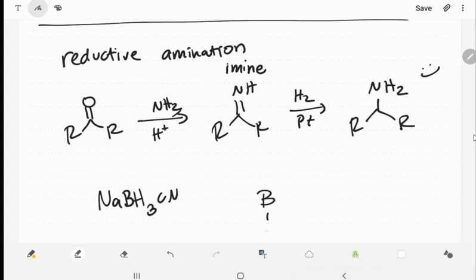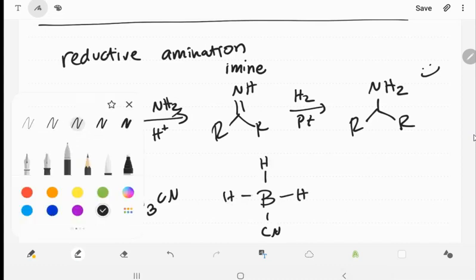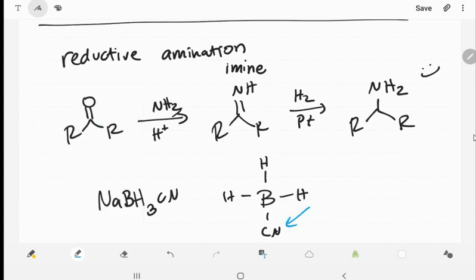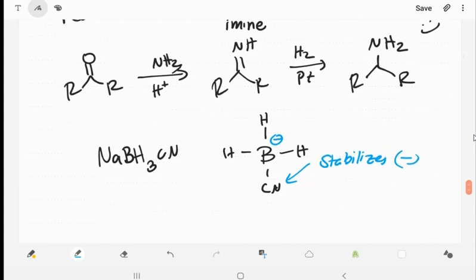So by having a nitrile group on there, it stabilizes this a little bit. It stabilizes the negative charge that we're going to have on this poor boron. So the electron withdrawing group, the cyanide there, stabilizes this.